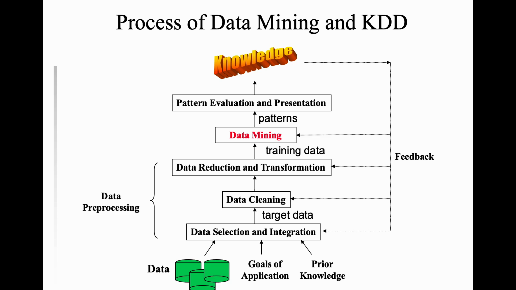There might be millions of patterns in data, but only some of them are interesting. So we have another step of pattern evaluation and presentation, which helps us to extract knowledge, which is the part of the data that we would like to present to users. So knowledge is what you actually present to users.